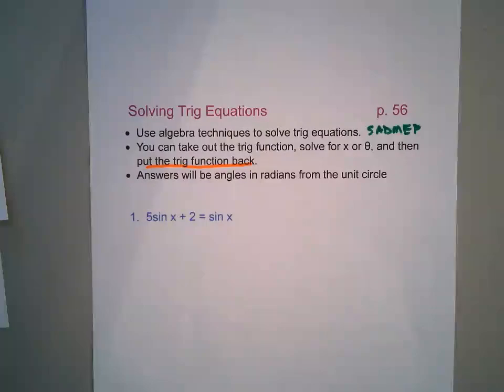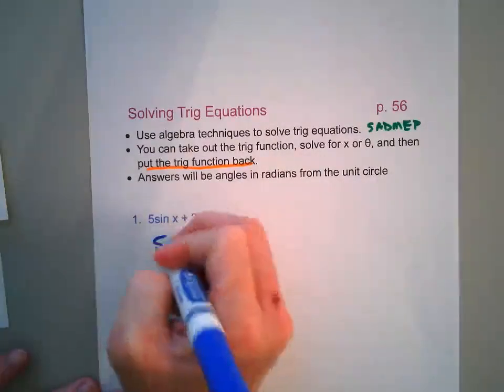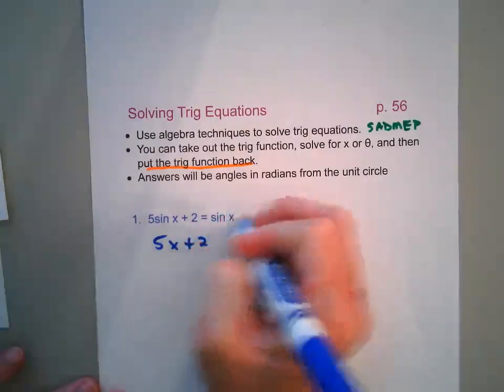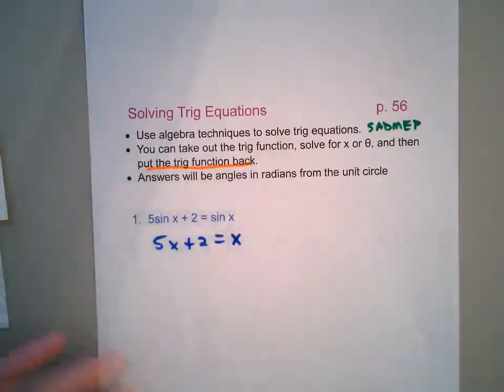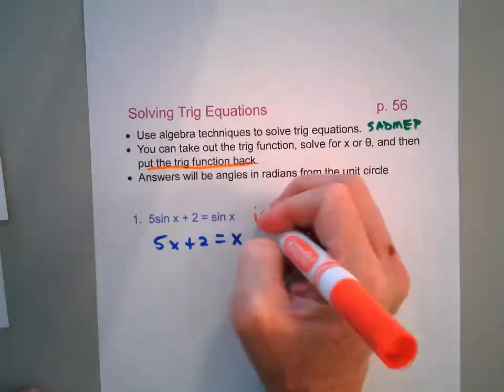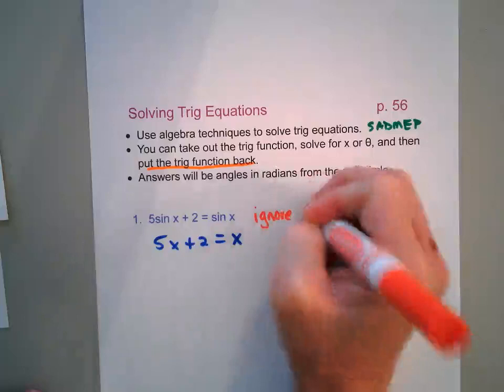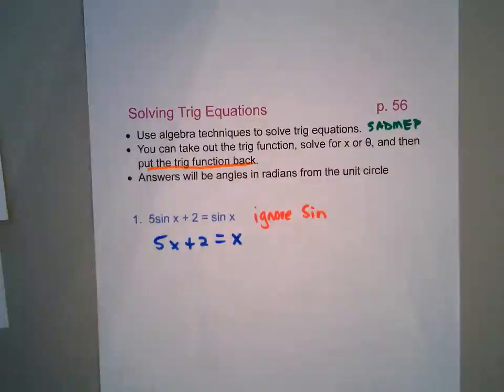So, again, essentially, we're just going to solve an equation that looks like 5x plus 2 equals x. We're going to ignore the sine for a moment, and then we'll put that back in at the end of the problem.